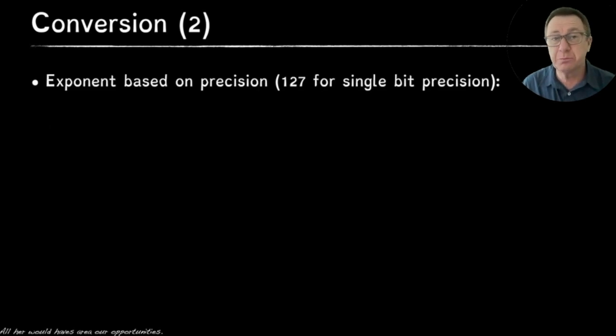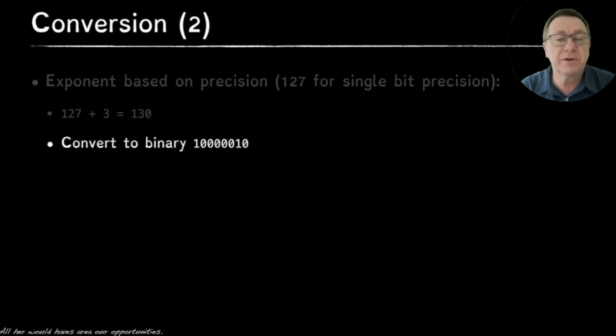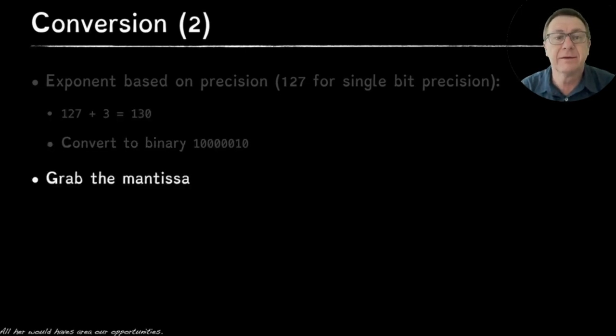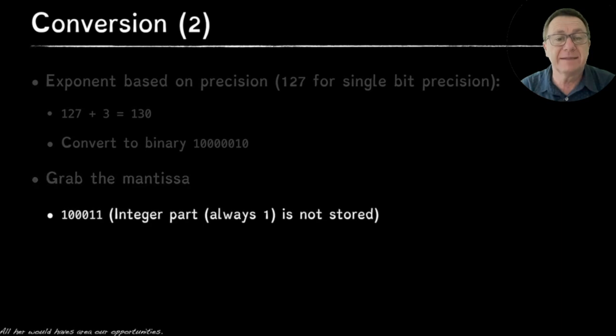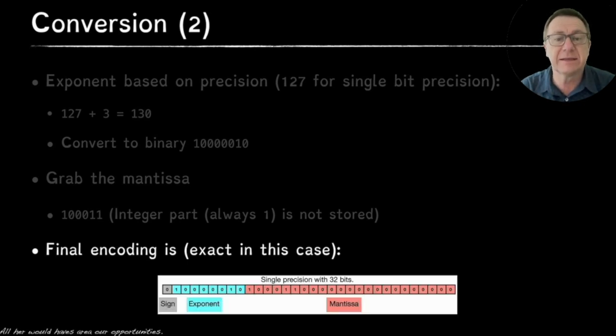So our exponent is based on precision, 127 for a single precision, 127 plus 3. Convert to binary. We grab our mantissa, 1000011, remember, and our final encoding is like that.